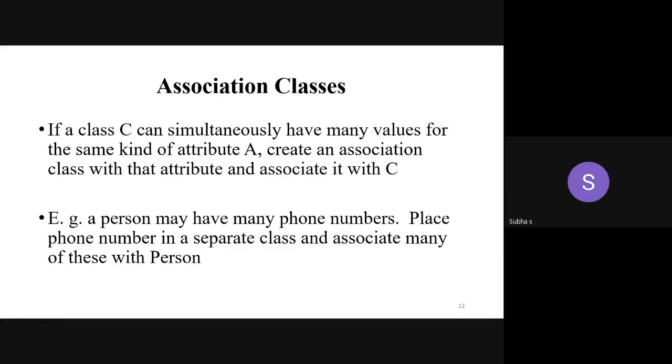But that phone number can have many values. A person has 3 phone numbers. For that, you can place the phone number in a separate class and associate those phone numbers with the person. That is called an association class. Got it?